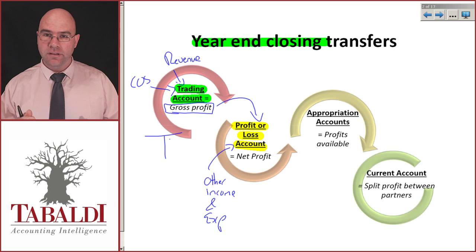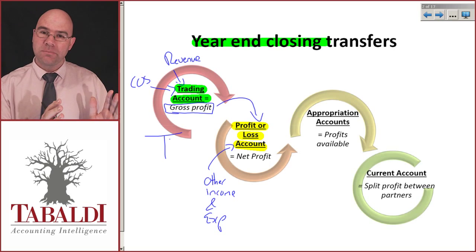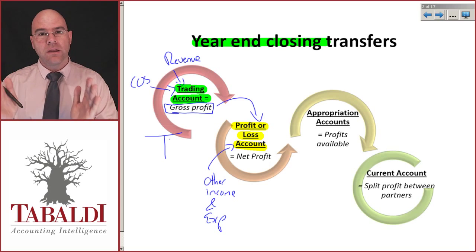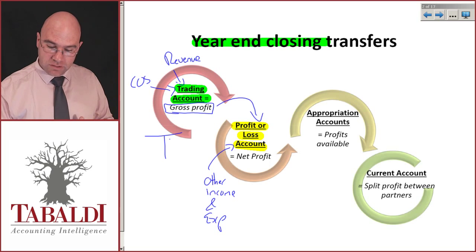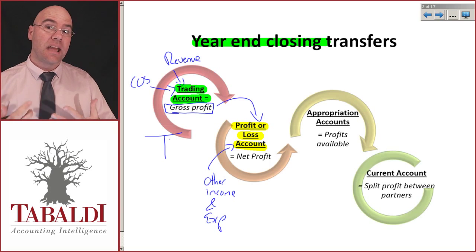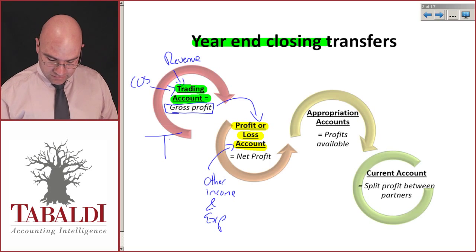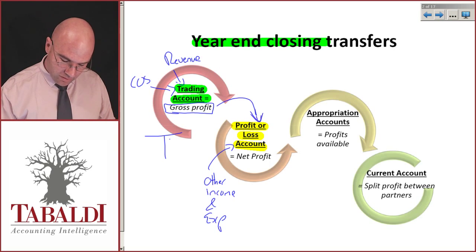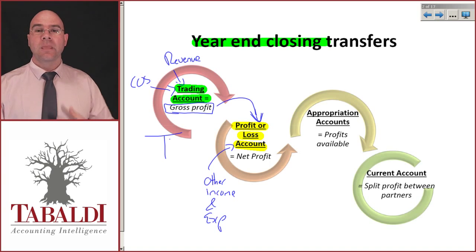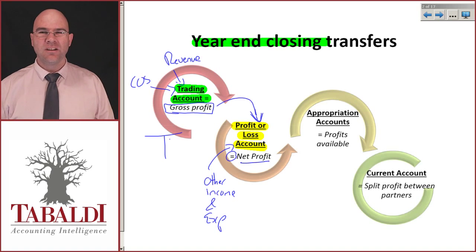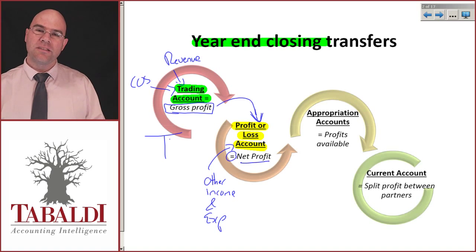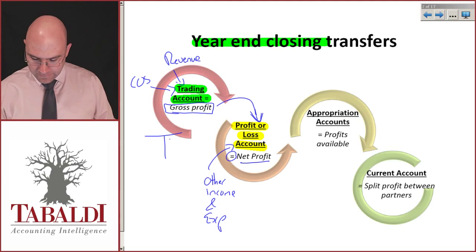Okay, close them out, because remember, all income and expenses are for a period. At the end of the period, we start from scratch next year. But what we do need to do is we need to accumulate everything into equity, and that's the process of closing out. So on top of the gross profit, we will add in the other income, subtract the other expenses, and we will land up with net profit. Remember, there's no tax here. It's a partnership, right? So no taxes are going to be included.